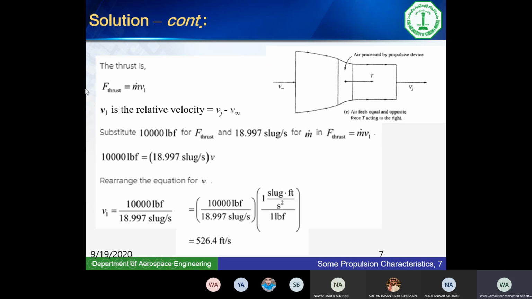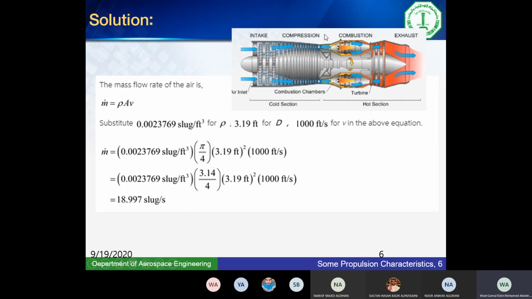If you have two engines, one of them has double the diameter of the other, it definitely has 4 times the thrust. Okay. Does this answer your question? Who had the question a few minutes ago? I think he's just left us.